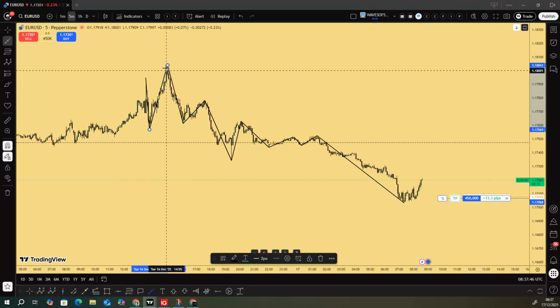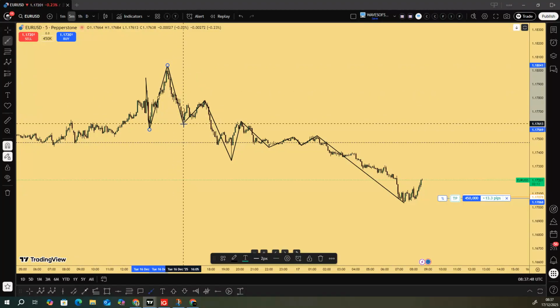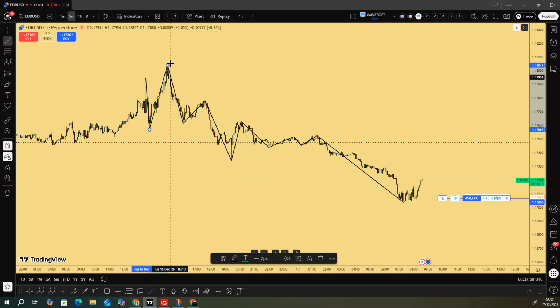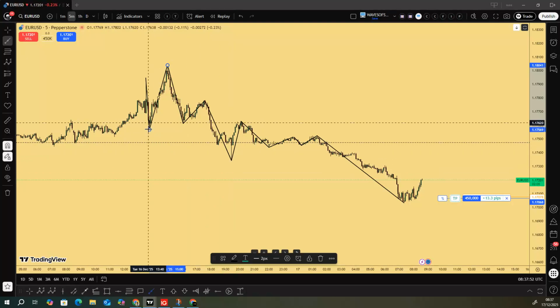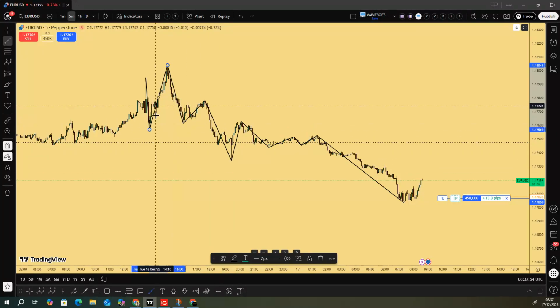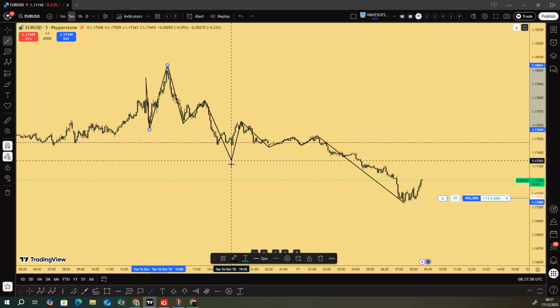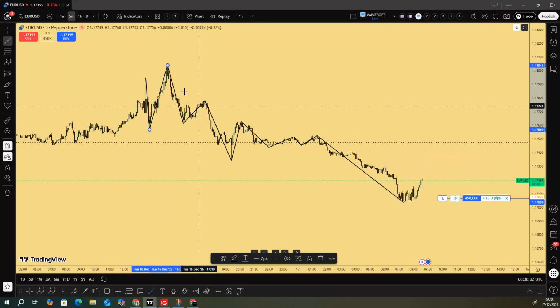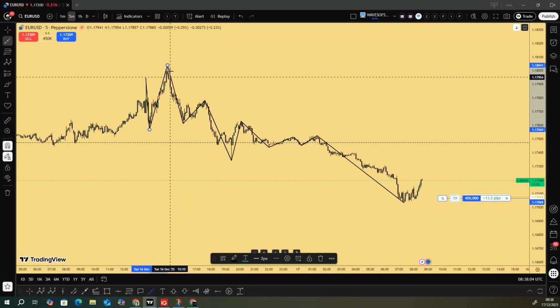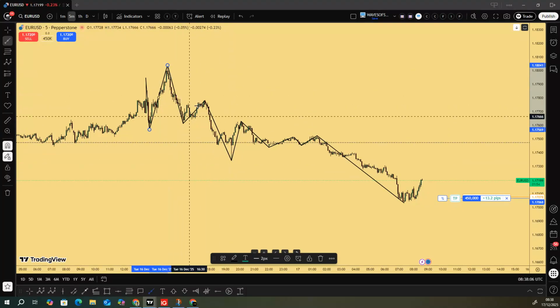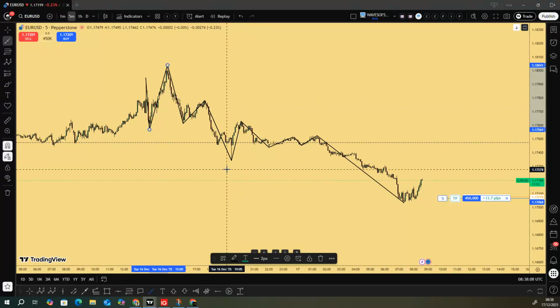That's why we can't count this as one, and this becomes one because that's now ABC down. The structure is just broken here. If we don't break this higher low, we cannot count the wave structure. Okay, so this is kind of a subtle way of counting it, but it's a single wave count.